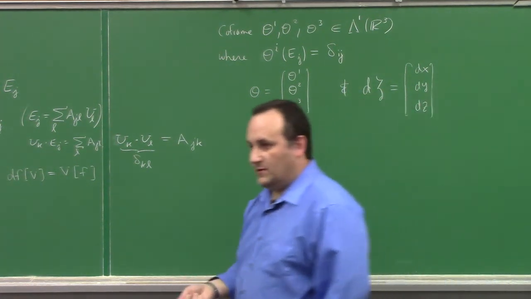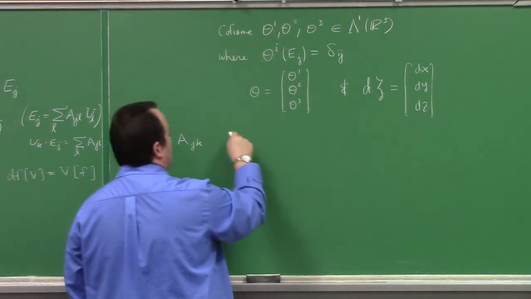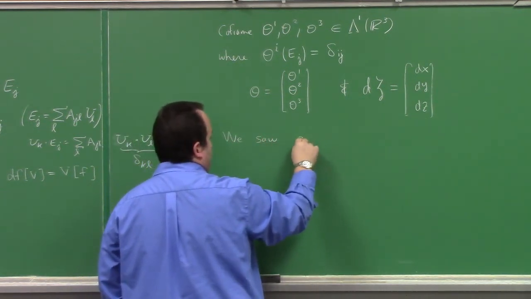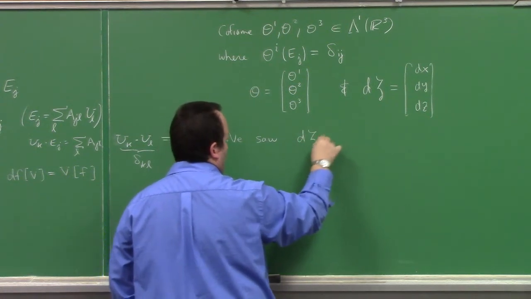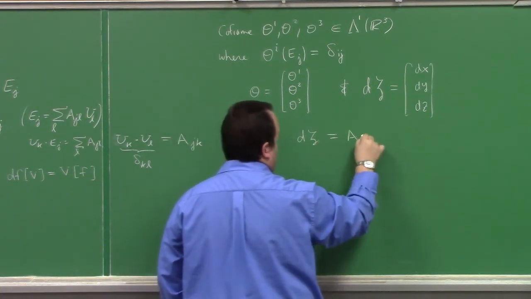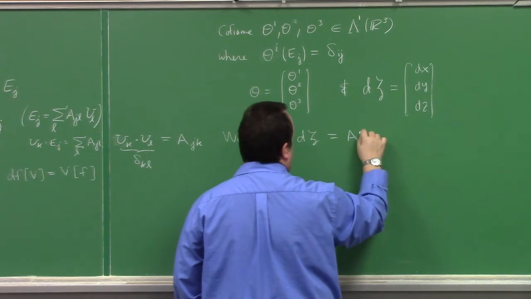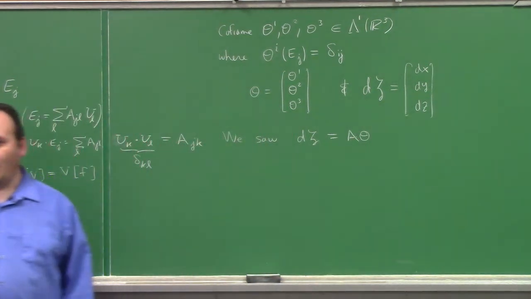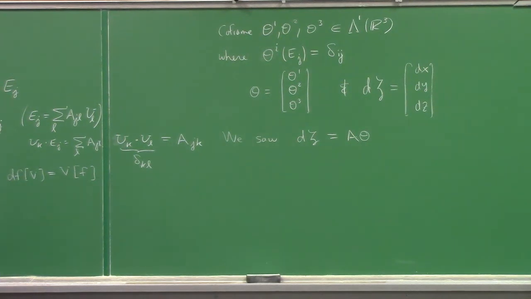And one of the things we worked out, we saw that d zeta was equal to A times theta. And then we were like, oh, well, that's neat, because we can take exterior derivatives of this and use the calculus of matrices of forms.